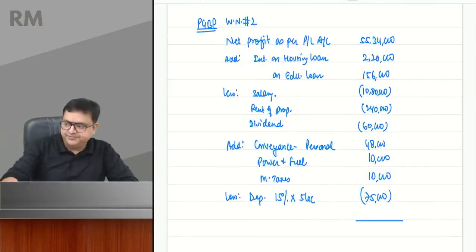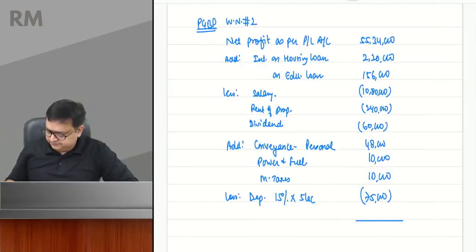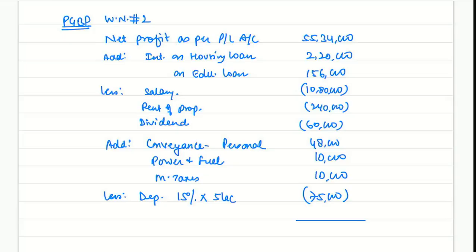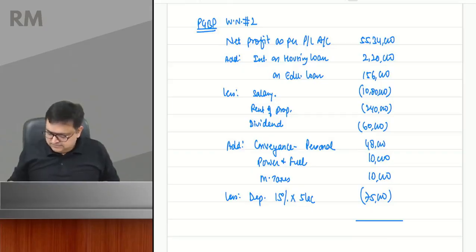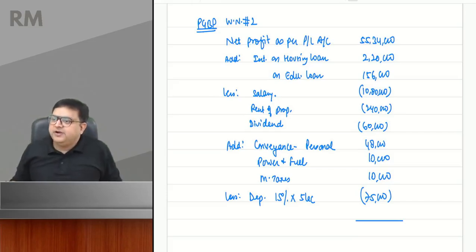So I believe now you can compute your PGBP income. Tell me how much it is coming. Calculate this. 45,23,000.